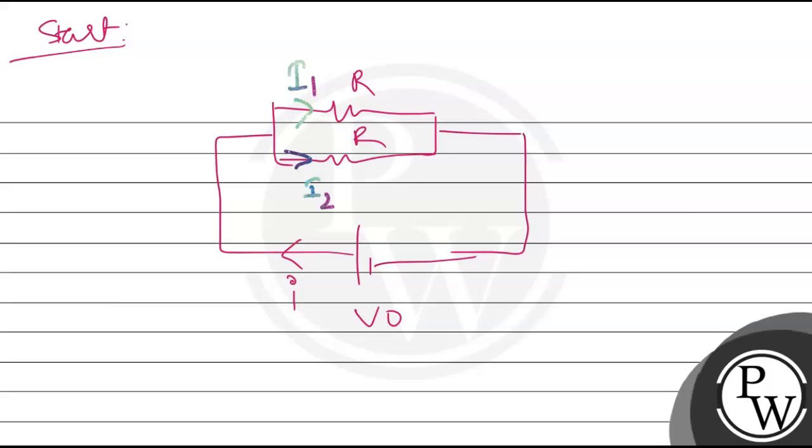Now we will apply KVL through two loops. The first loop includes the branch through which the I2 current is flowing, and the second loop is through the branch where the I1 current is flowing.